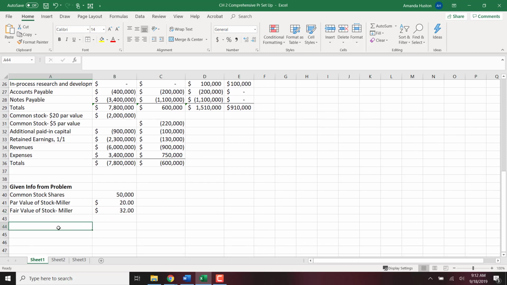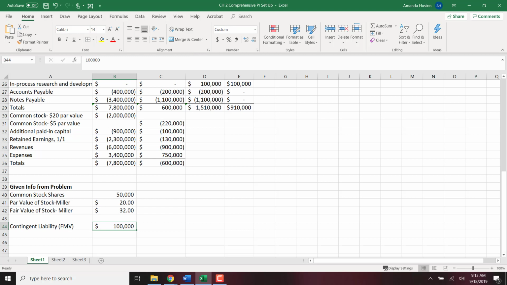We also know that Miller is offering a contingent liability, fair market value, they said was $100,000. Now the contingent liability is $250,000, but the likelihood of paying brings the fair value down to $100,000.